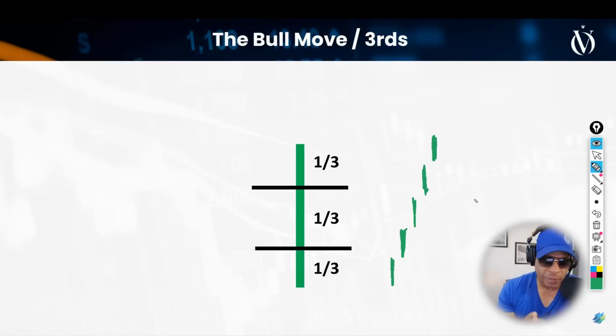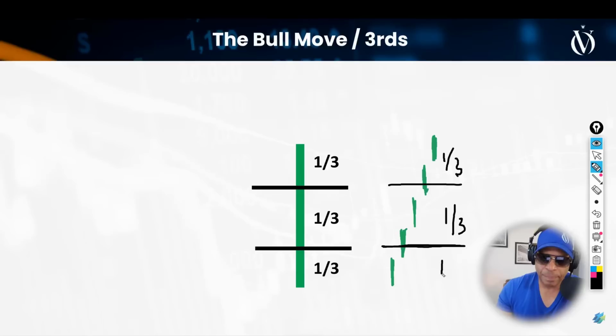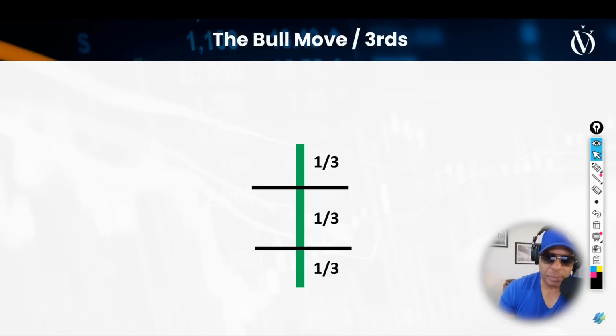Whenever you get a bull move, either the single bar or the multiple bar run, I want you to break the surge up, at least mentally, into thirds: top third, middle third, bottom third. Why is this important?